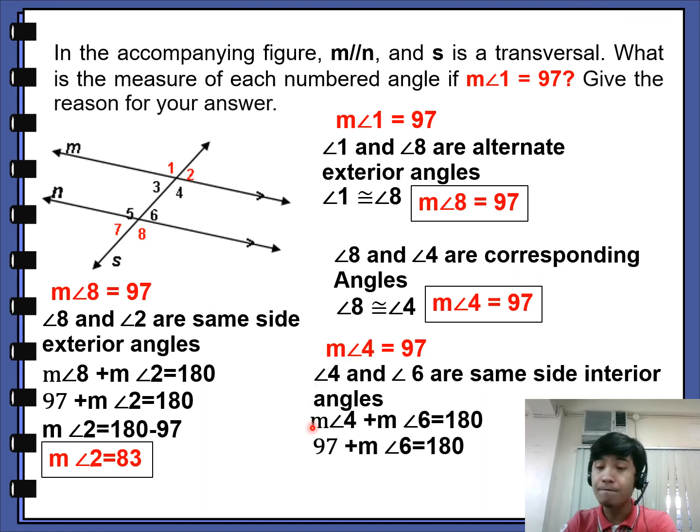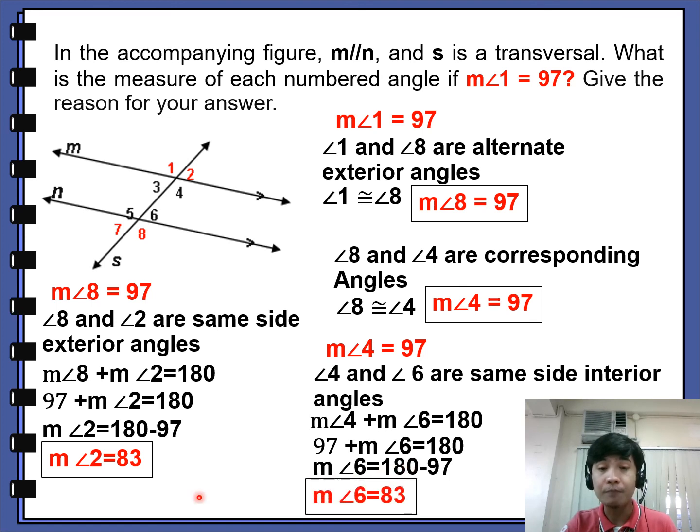Substituting this one here, 97 plus the measurement of angle 6 is equal to 180. By transposition, measurement of angle 6 is equal to 180 minus 97. Simplifying this further, we have the measurement of angle 6 is equal to 83. So meron na tayo ngayong sukat kay angle 8, angle 4, angle 2, angle 6.